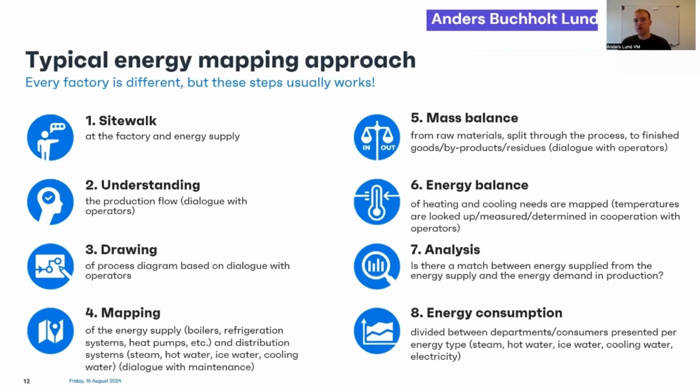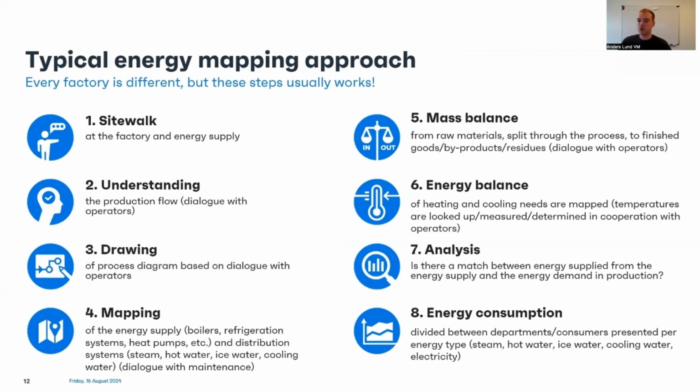Introduction to the tool. Here are some of the main steps that usually work when you're doing an energy mapping. Often you have to know the site. You have to get a mutual understanding, as Fridolin already said, so everyone agrees on what is the basis of the energy mapping.